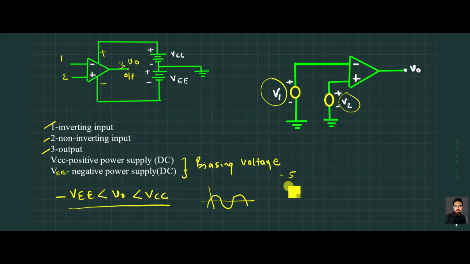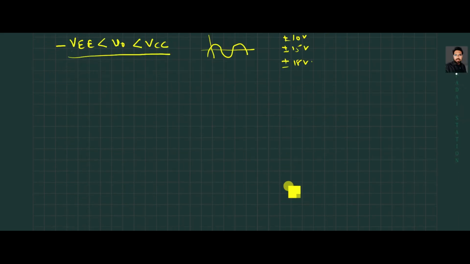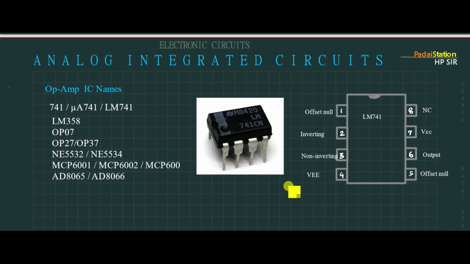Now, these are a few names of ICs; different manufacturers have different names for the IC. LM741. This is the pinout, and this type of structure is called a dual inline package.